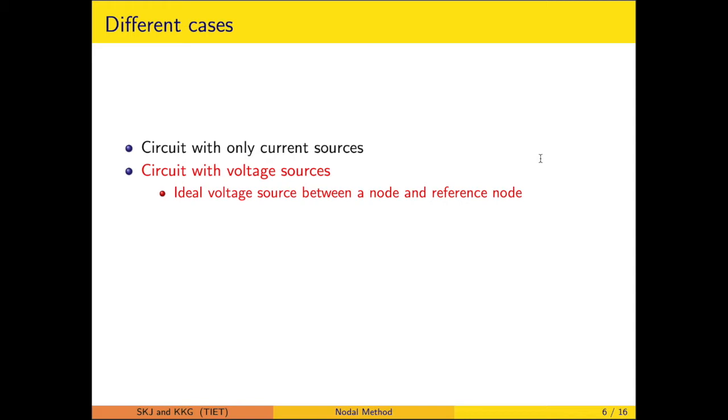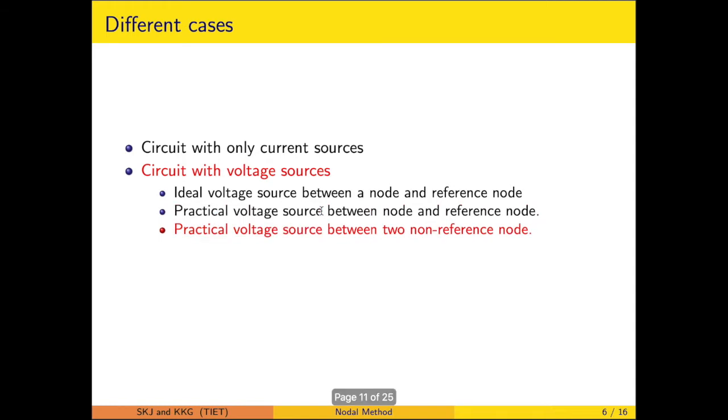In this, the cases are classified into 4 categories. The first is an ideal voltage source between a node and the reference node. Second is a practical voltage source between a node and the reference node, where practical means a series resistance with an ideal source. Third is a practical voltage source between two non-reference nodes, which is a different case from the previous one.